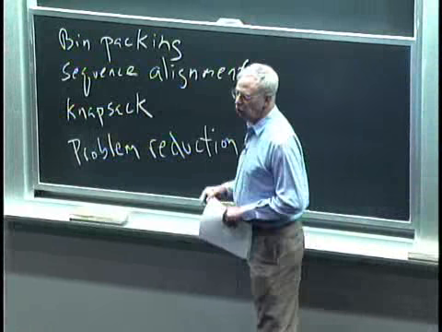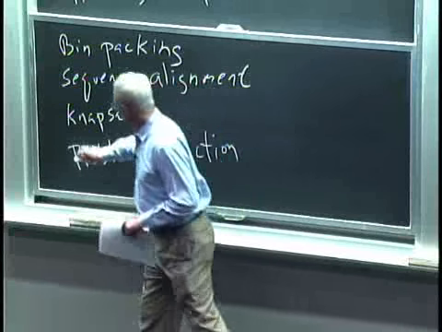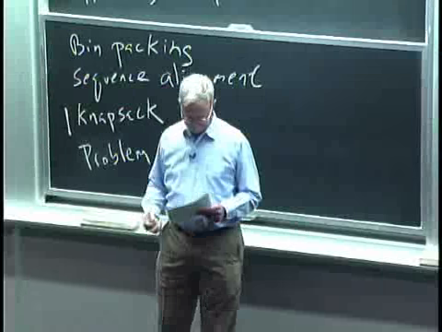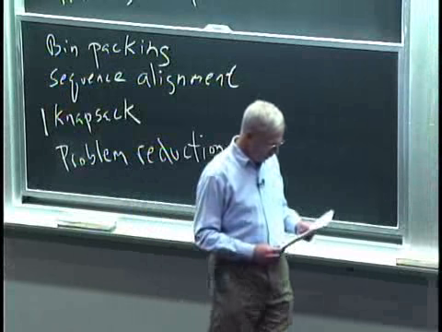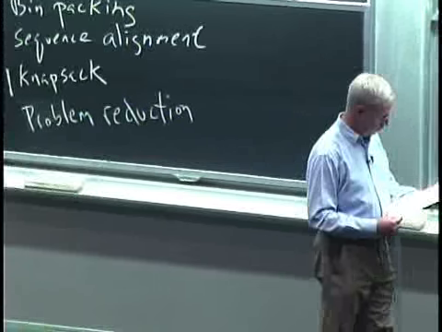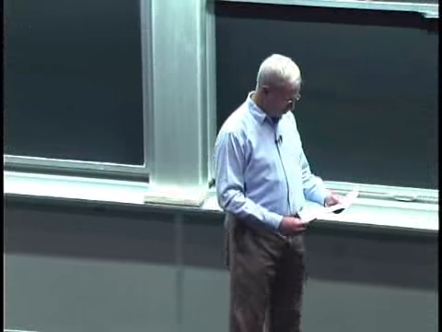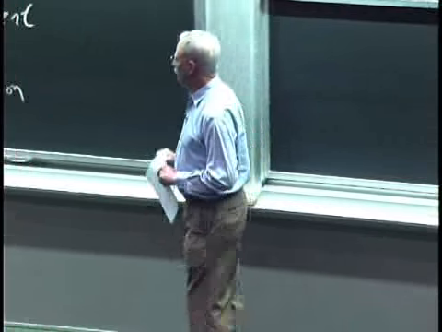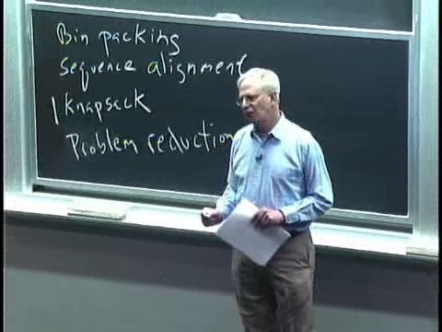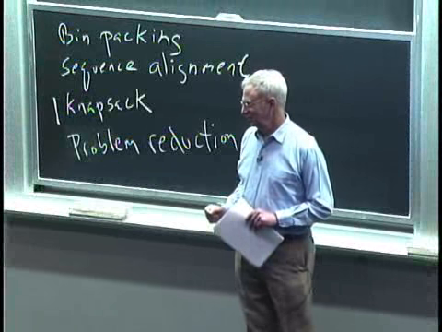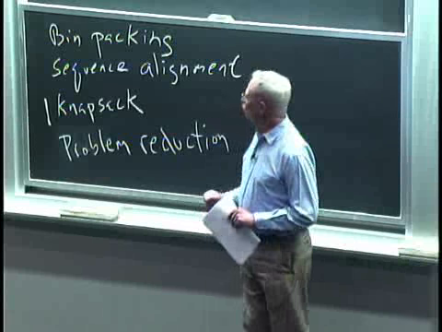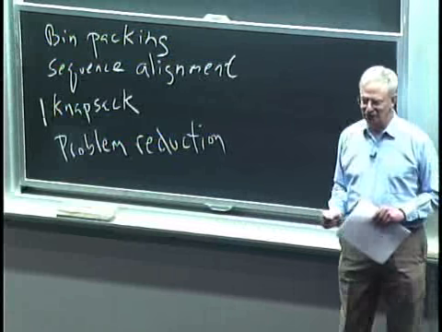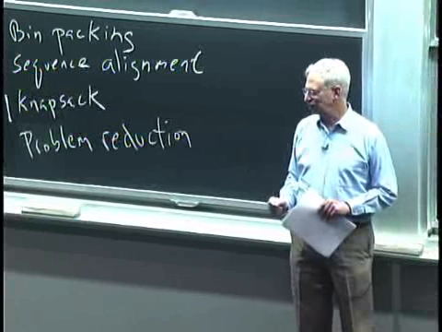So we'll start looking in detail at one problem, and that's the knapsack problem. So far, we've been looking at problems that have pretty fast solutions. Most optimization problems do not have fast solutions.